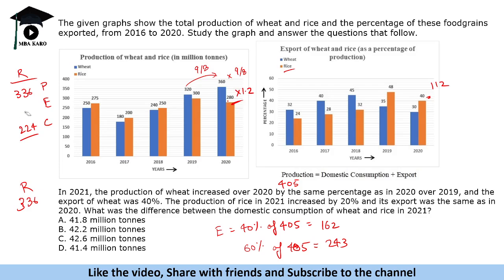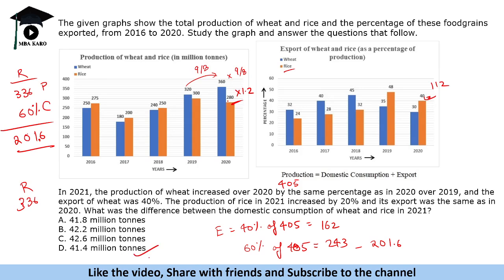So if we take export as 40%, so consumption will be 60%. 336 into 6, we do 16, 1 carries, 201.6, and this is 243.